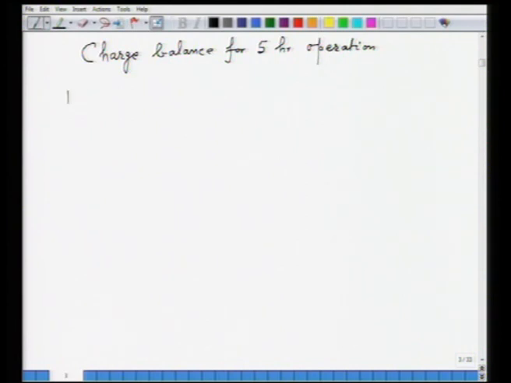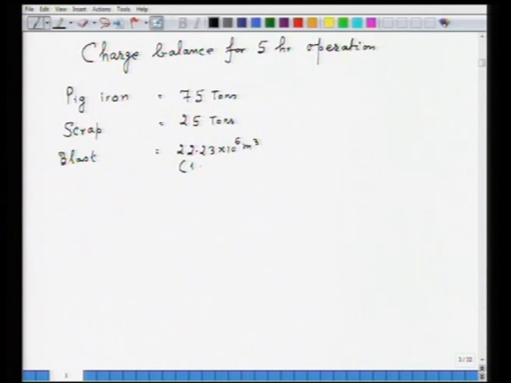So, we will be needing pig iron, that we will require 75 tons, scrap 25 tons, then blast, that is air blast, that will be requiring 22.23 into 10 to the power 6 meter cube, which is measured at 1 atmospheric pressure and 273 Kelvin.